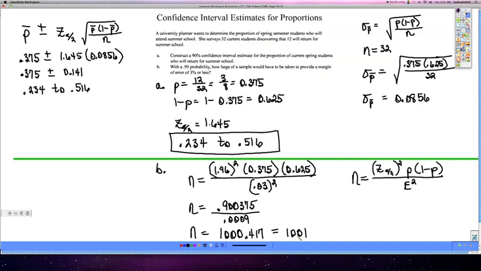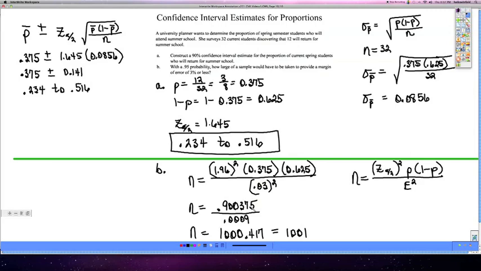And here is the reason. If we want to ensure a 3% or less margin of error, then we would have to have at least 1000.4 students that we polled. And since we can't have 4/10 of a student, then we have to go across that 1000.4 or beyond it to the 1001st student.